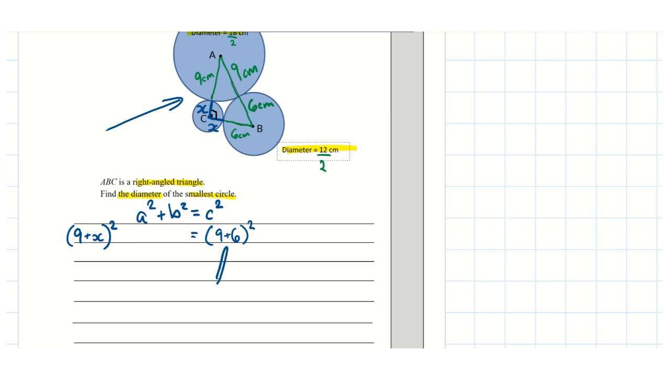Just like I know that this one is 9 plus 6, I know that this one is 9 plus x. So I'm going to try and find out my value for b. I'll put a right here, b right here, and c right there. What's my value for b going to be? Give you a few more seconds to think about it. That's right, 6 plus x, squared.